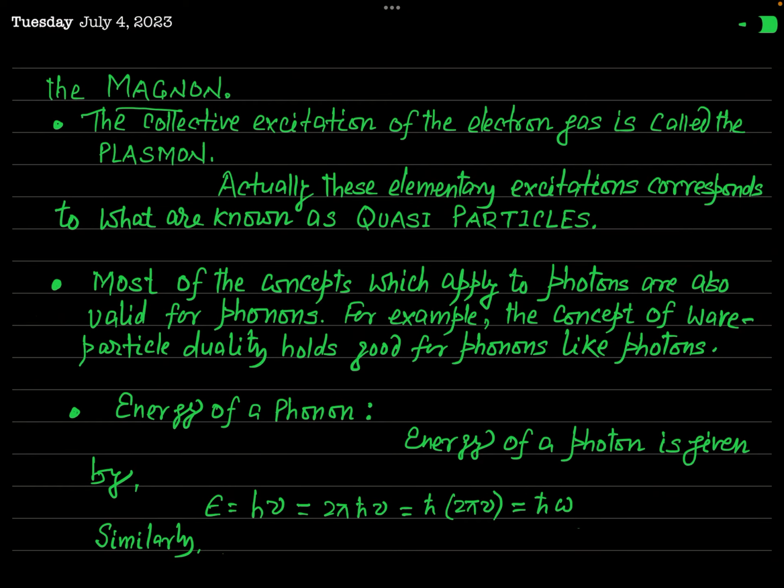And the collective excitation of electron gas is called plasmon. So these are the different quanta, different particles related to different types of excitations, waves or vibrations. All these elementary excitations, whether photon, phonon, magnon or plasmon, are called quasi-particles.